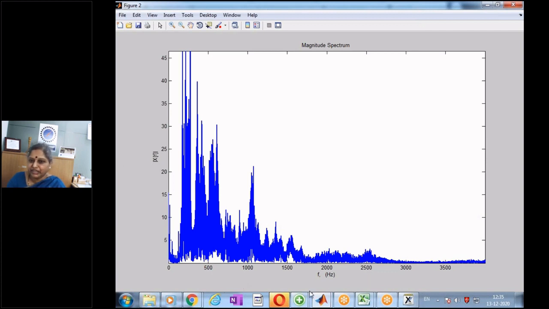If I look here, most of the spectral components are in the range of around 100 Hz to 3000 Hz, and later the strength of his speech is reduced for higher frequencies. So his speech, that small sentence, is essentially up to around 3 kilohertz.